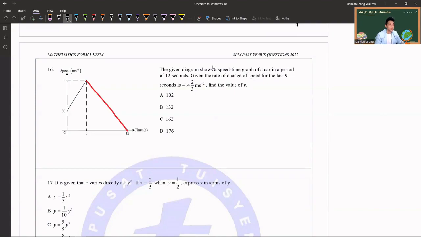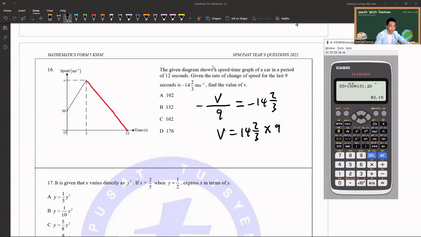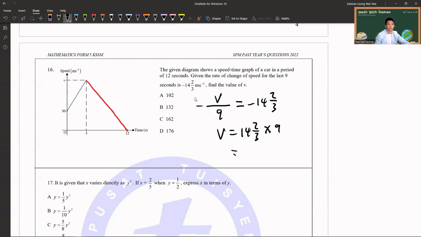So change in speed, negative V, over change in time, which is the 9 seconds, should equal the negative 14.2/3 meter per second. So cancel the negative. V is 14.2/3 times 9, which I can just calculate using a calculator. 14.2/3 times 9, and I get 132. Value of V, 132.